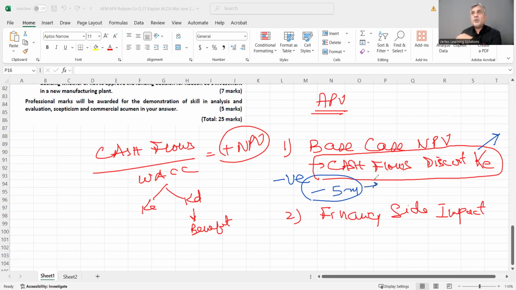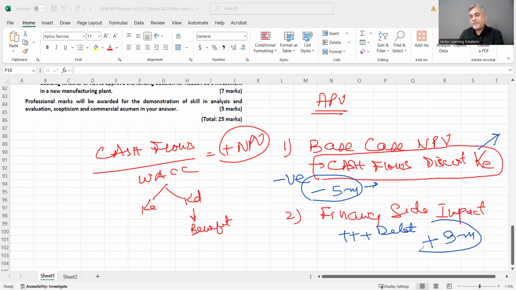But then I say, okay, let's add some debt inside. And when I keep on adding the debt, I start getting the benefits, the benefit on the tax shield, the benefit on the subsidized loan, and so on. And I say, what is the financing side impact? Financing side impact is 9 million.